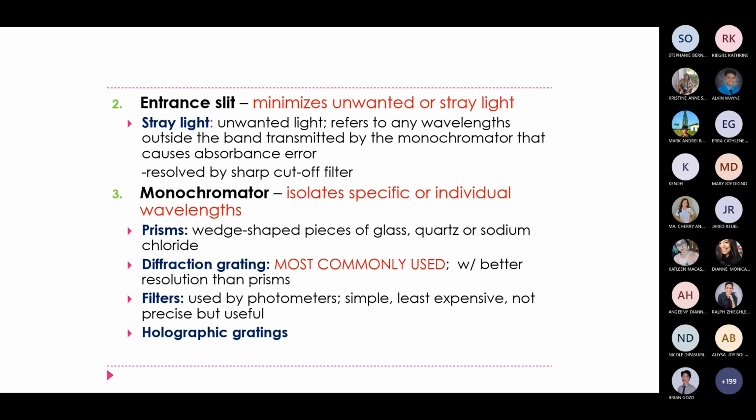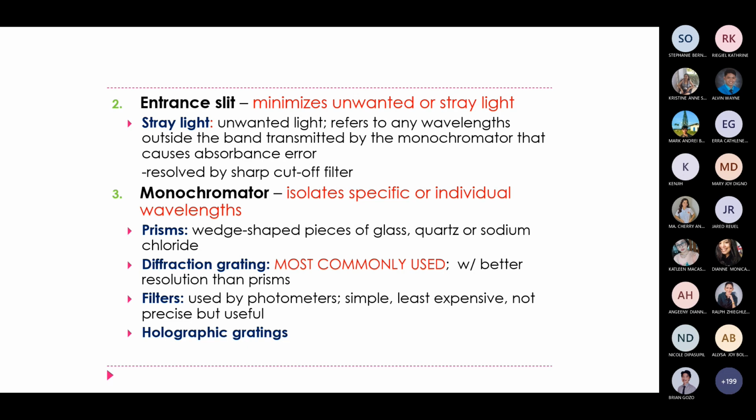So yan na, sinummarize na natin. So for entrance slit, it minimizes stray light or yung unwanted light. Okay. Paano mo ma-remedy ang stray light? You will have to use a sharp cutoff filter. Okay.